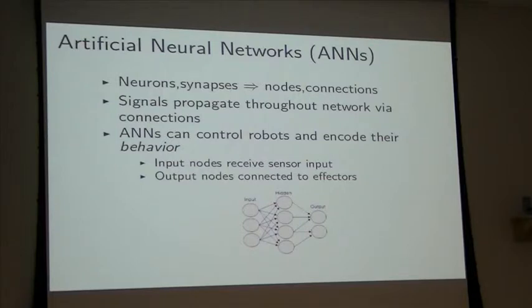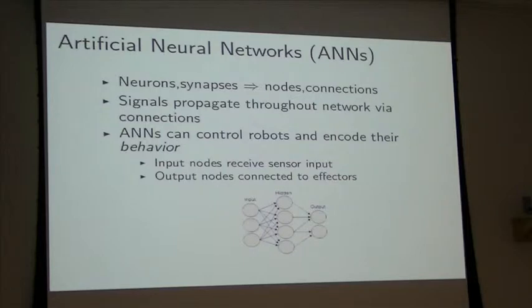Neurons and synapses are abstracted as nodes and connections in one of these networks. And what's really interesting about them is that they can actually be used to control robots and encode their behavior. This idea is called evolutionary robotics. And so we can use neuroevolution to evolve robotic behaviors.